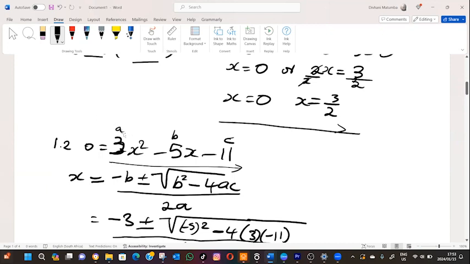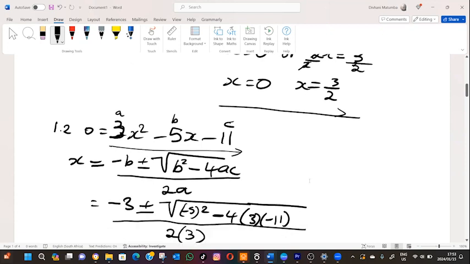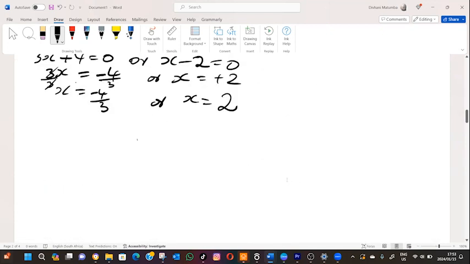In a quadratic equation, or in a parabolic equation, we have A, B, and C. To check how your graph will look, you can check the value of A. If the value of A is positive, it means your graph will be happy.